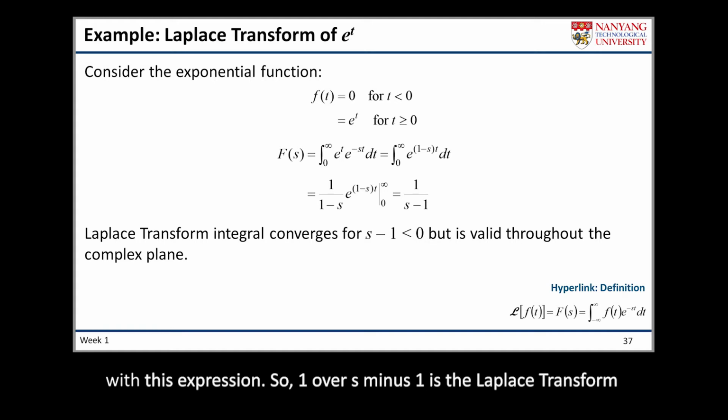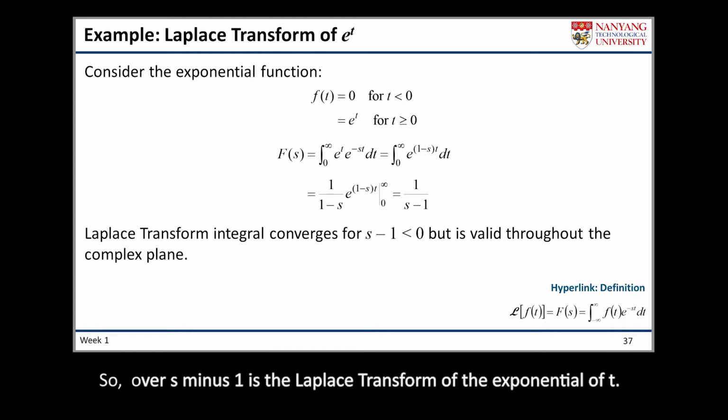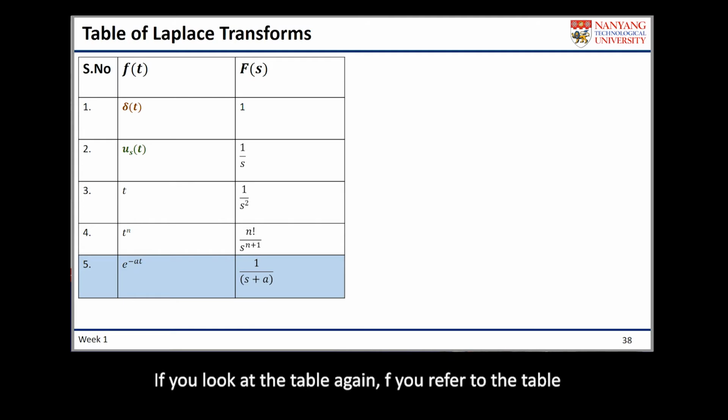So 1 over s minus 1 is the Laplace transform of this exponential function in time. If you refer to the table, on the 5th row of the second Laplace table, you will see the Laplace of exponential of minus at is equal to 1 over s plus a.